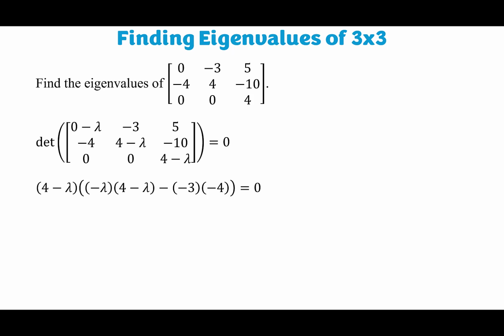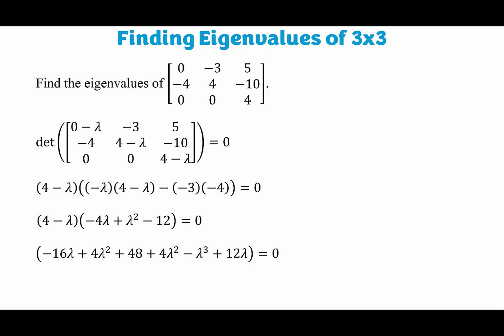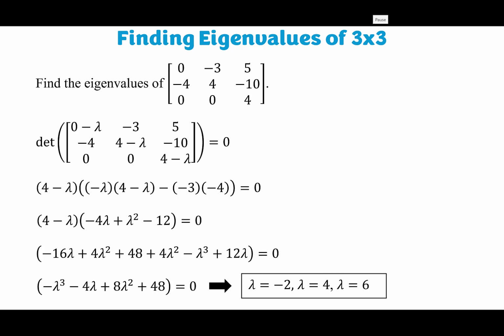So there's the cofactor expansion along the third row, and we're setting that equal to 0. After some simplification, we get our cubic equation that we're trying to see when it's equal to 0. And I used a calculator to see when that cubic equation is 0. And it happens at negative 2, 4, and 6.